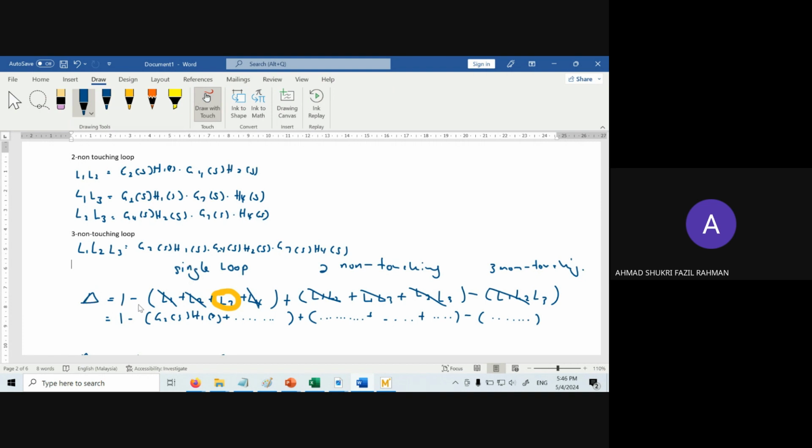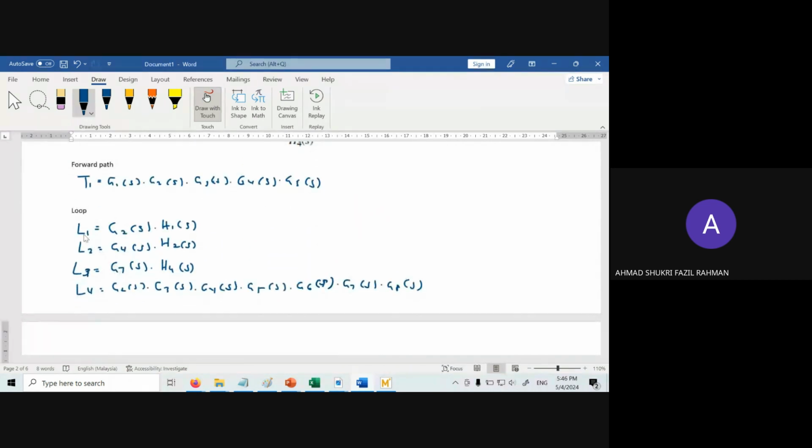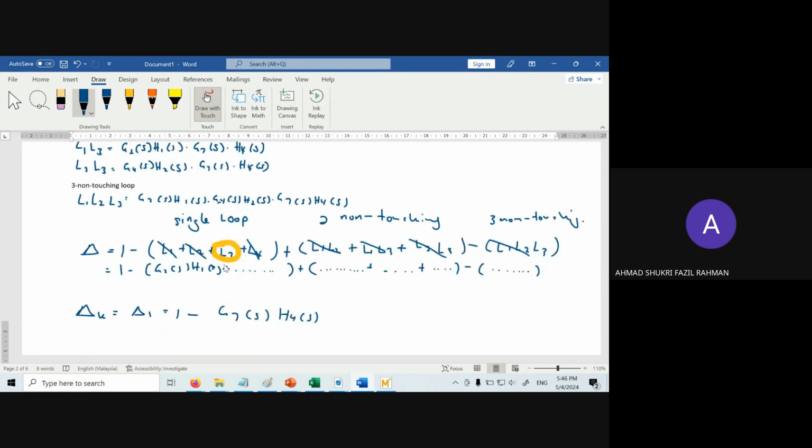Mula dengan 1, tolak, single loop, total sum. Maksud dia total sum kena jumlahkan. Kalau ada kat sini ada sampai 4 loop, maknanya L1 tambah L2 tambah L3 ada 4. Total sum. So for example, single loop here, you need to add sum all of these 4 loop, starting from L1 plus L2, L3, L4. So you need to plus. Okay, sum, single loop, and then previously minus, and then you go for plus.